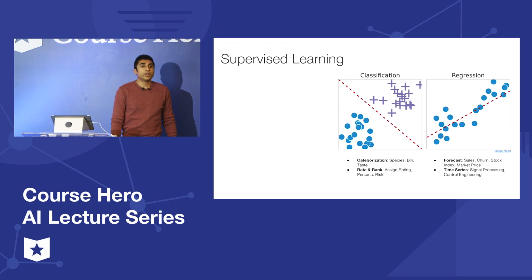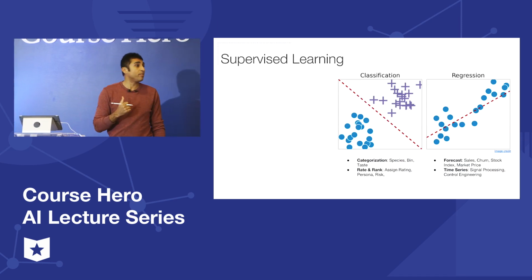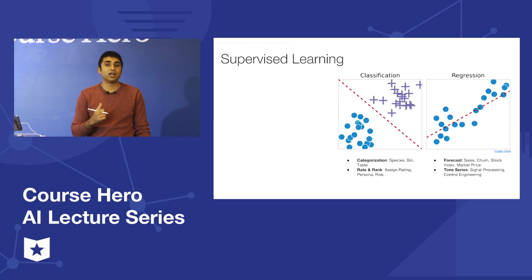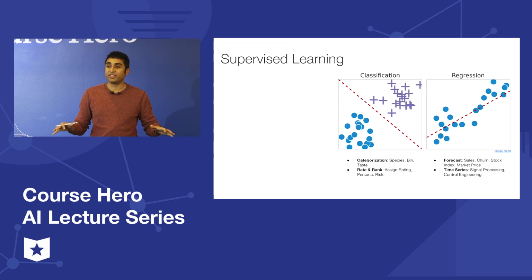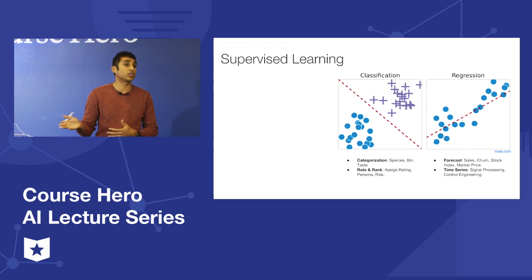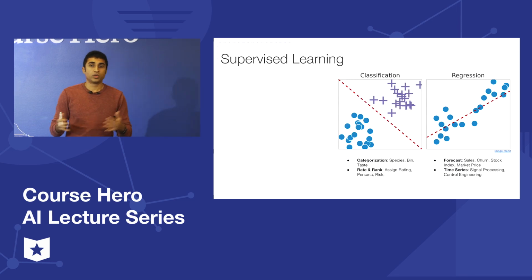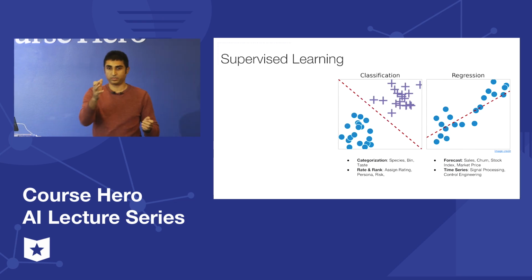Now, the exact same neural network can be trained to do two different types of activities. One is called classification, the other is called regression. What's the difference? With classification, you're putting things into discrete categories, and with regression, you're trying to figure out a value or a numerical representation. Exactly.